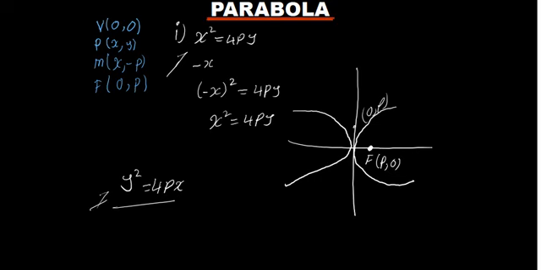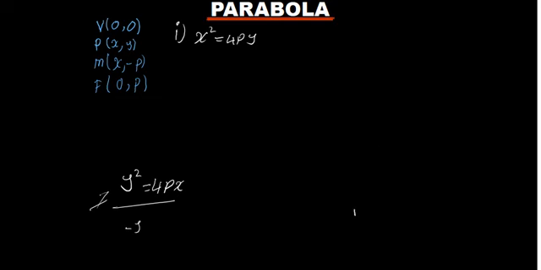Even if you replace y with minus y, the equation is going to remain unchanged, which gives us a conclusion that the parabola is symmetric about the x-axis. So we're also able to differentiate them from the symmetry point of view. So this is our second equation: y squared equals 4px.